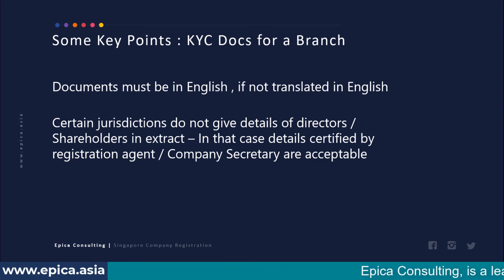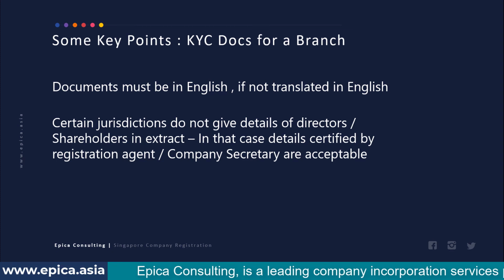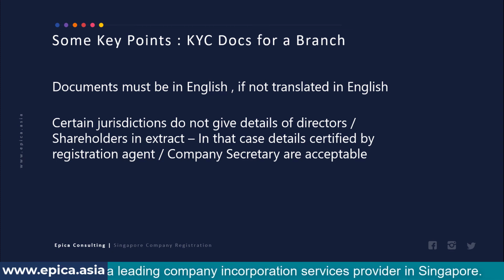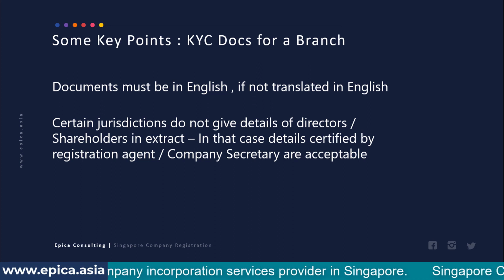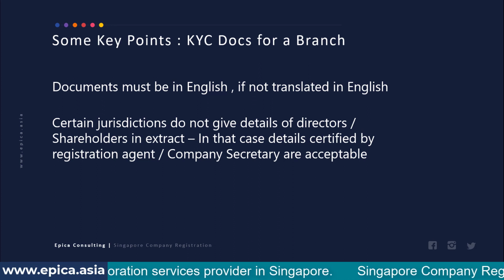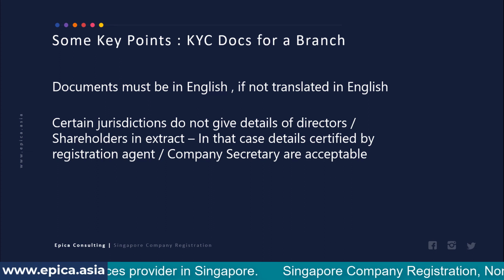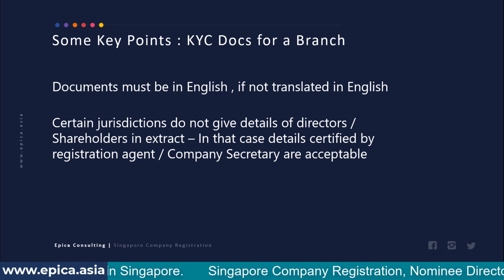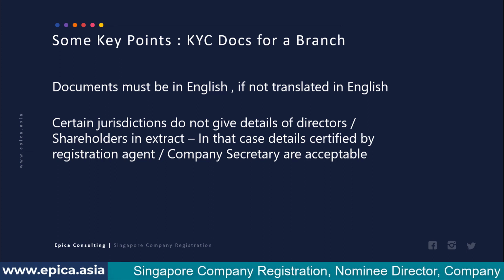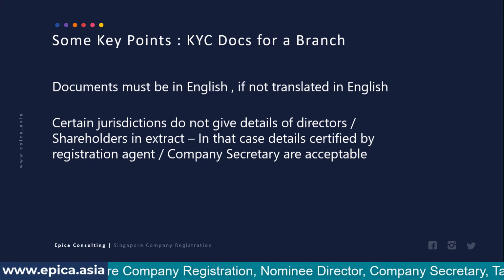These jurisdictions tend to be a bit secretive, and details of shareholders and directors may not be available as public record. For example, if your company is in BVI, Seychelles or Marshall Islands, these details may not be available. However, in that case, details certified by the registration agent or the company secretary are acceptable.